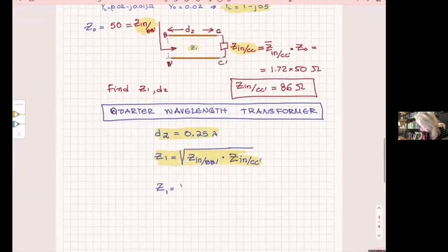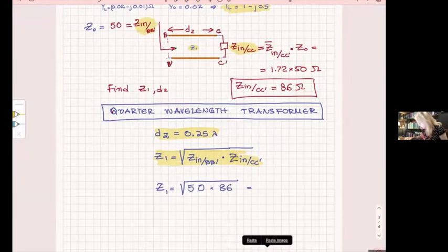And therefore, from these two, I can find Z1 to be the square root of 50 times 86, which is, let me find it now, 86 times 50 square root, 65.57.